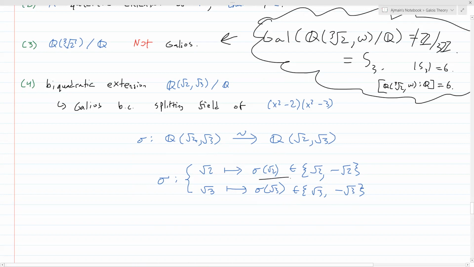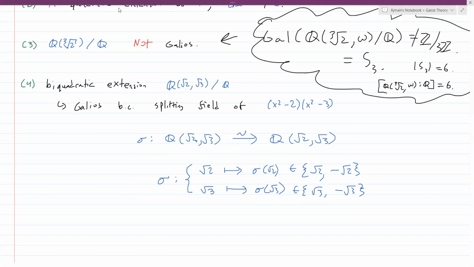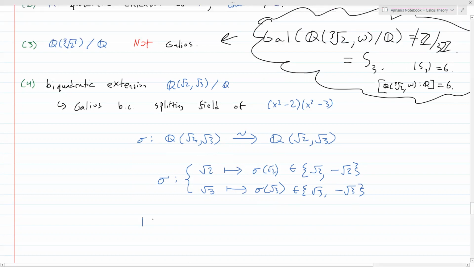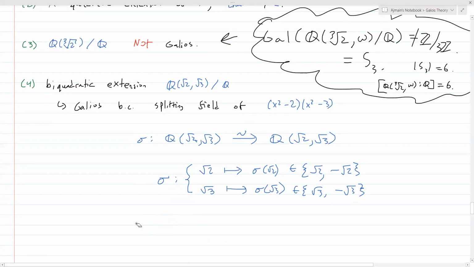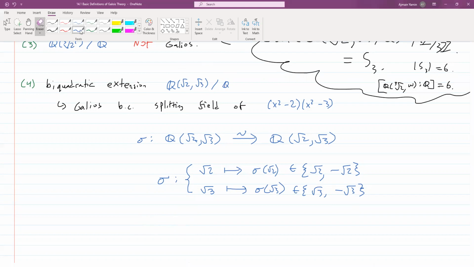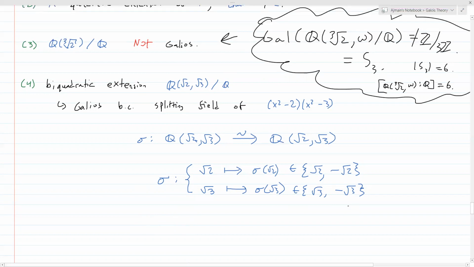So just from this computation alone, we see that the order of the Galois group, the number of possible automorphisms, is less than or equal to 4. But since this is a Galois extension, all 4 of those possibilities are actual automorphisms.